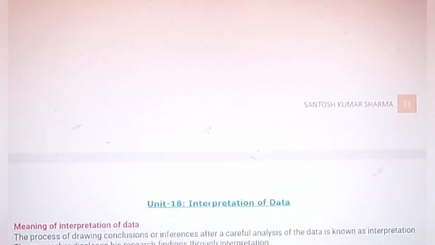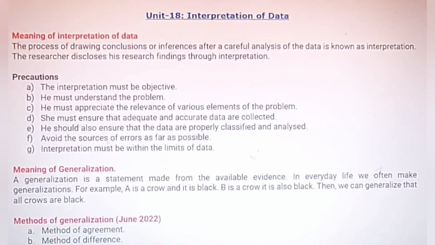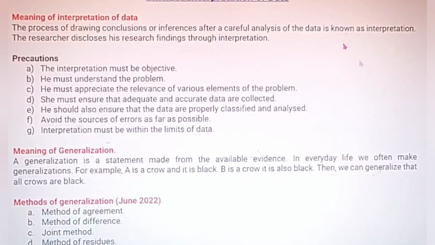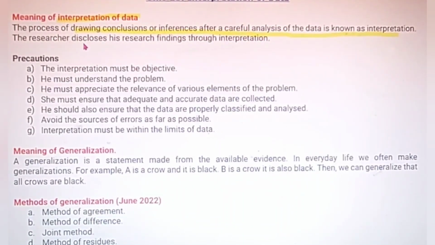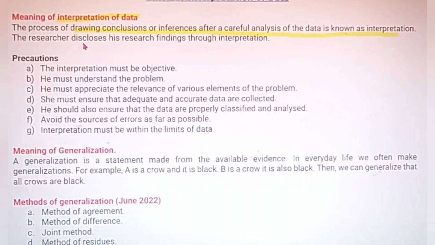And okay, unit 18 is on interpretation of data. Now what is interpretation? Interpretation is the process of drawing conclusions and inferences after a careful analysis of data. Basically, interpretation of data in simple words means you are giving your reports, how you are interpreting your research, your solution to the management.